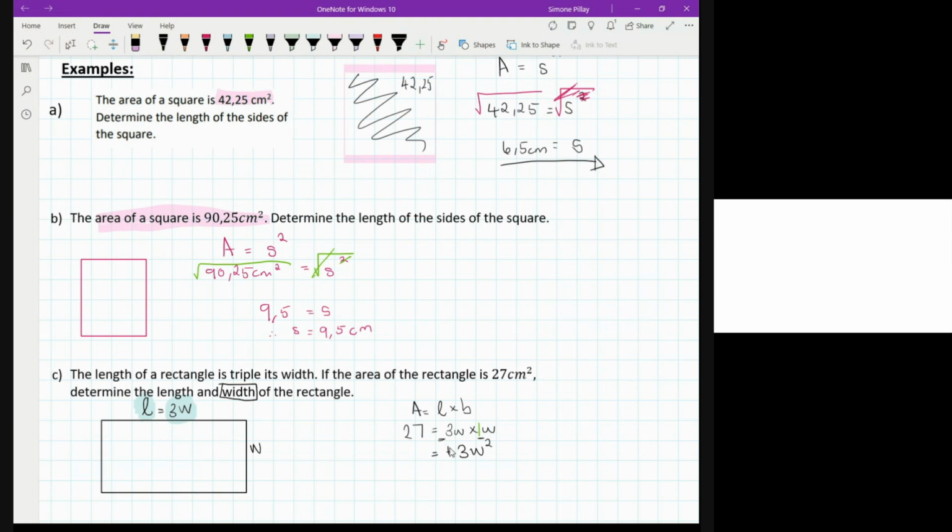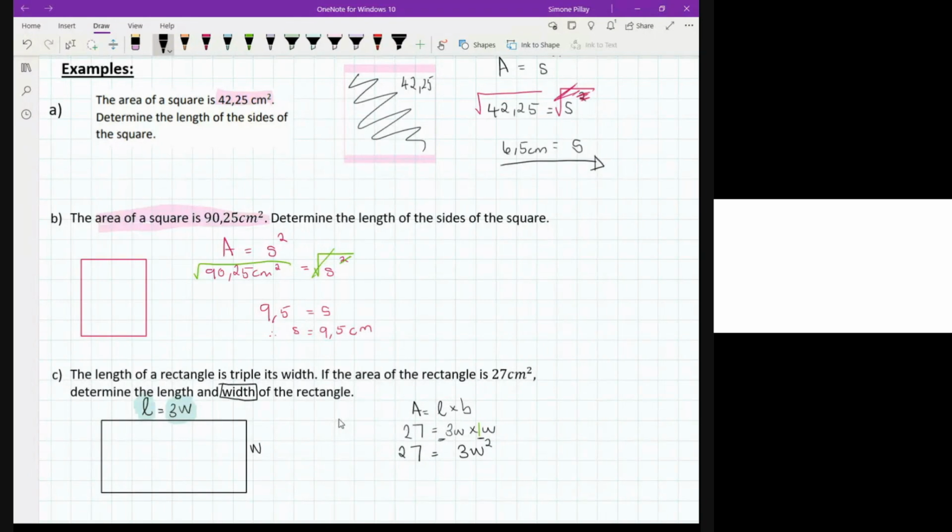Cool. And so we're now going to say that this is 3W squared. What next? We're going to square root both of them, ma'am. Okay. Before we square root, there's something we have to do. Oh, divide, ma'am.